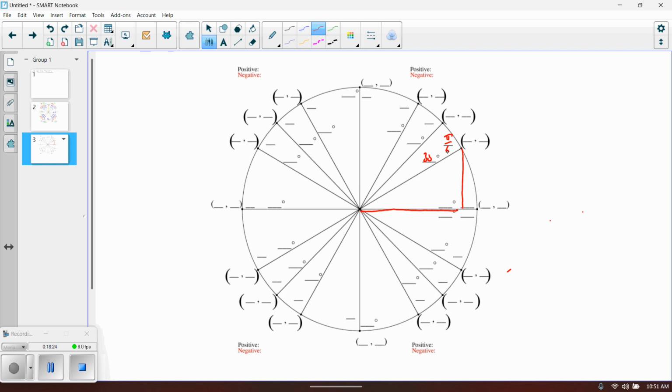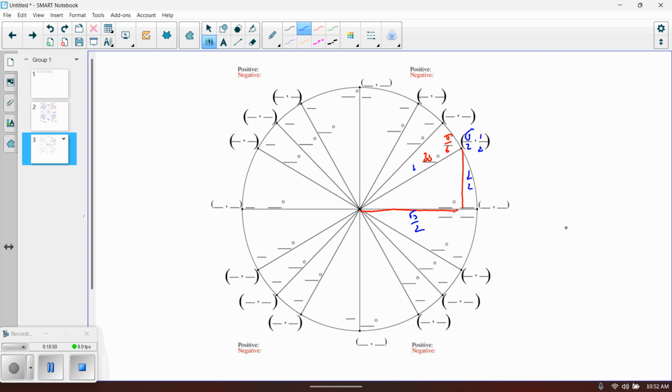And again, we know that the hypotenuse is 1. We know that that's 1/2. We know that that is √3 over 2. So that means that we're going to have the ordered pair √3 over 2, 1/2. Try and make that look like a 3 under there. Not great, but you guys know that that's a √3 over 2.